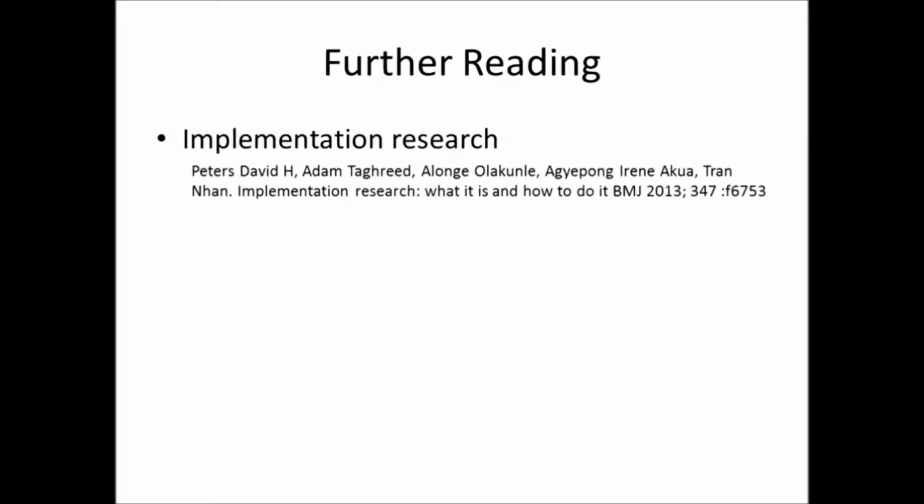This is a slide for further reading, just from the BMJ, if you want to know a bit more about implementation research in general. But before I go to questions, I just wanted to mention that in this particular piece of research, we used a patient and public involvement group.